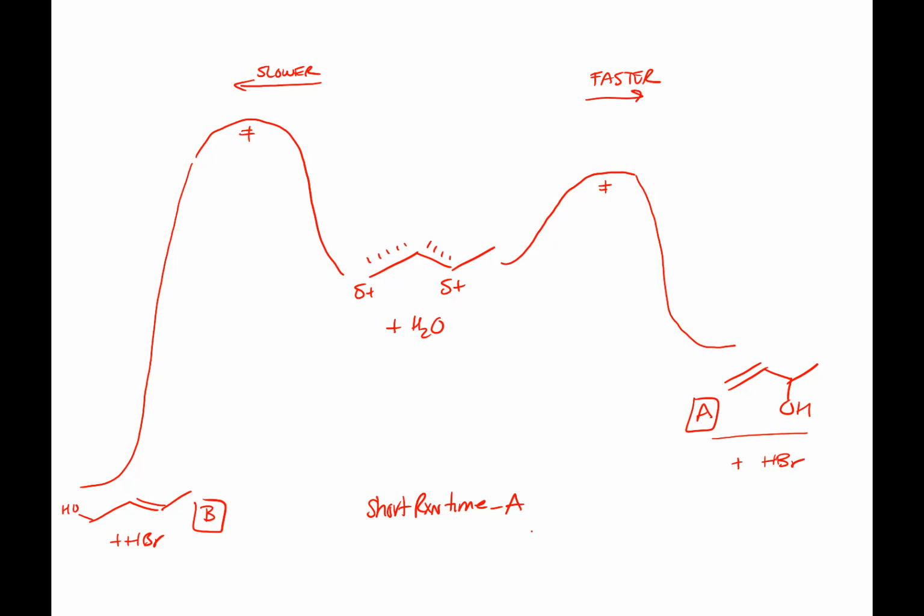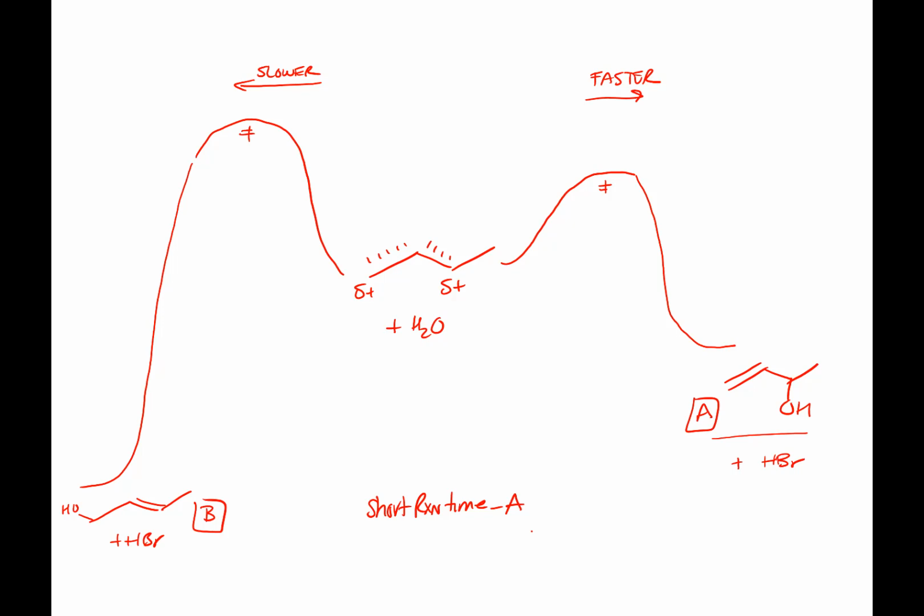Okay. And again, what I'm doing is I don't have the ability to raise the temperature so high that I get a 50-50 split. So no matter what I do to the temperature, A is going to be my major product.